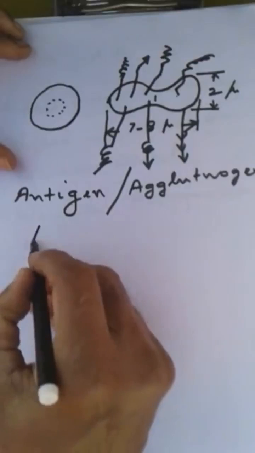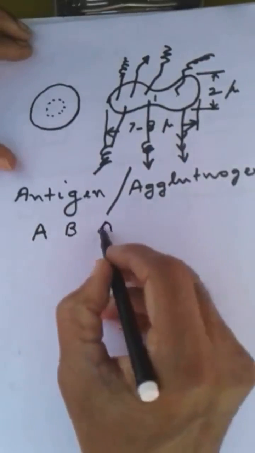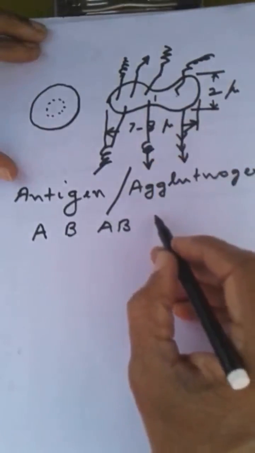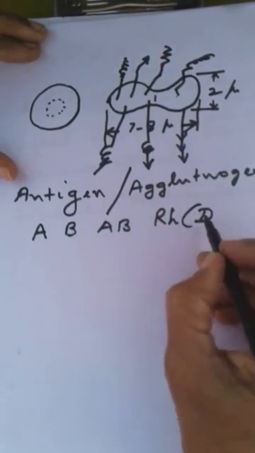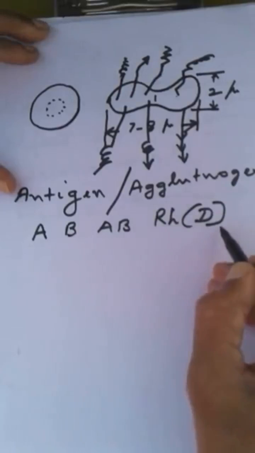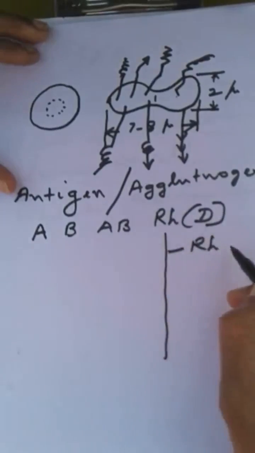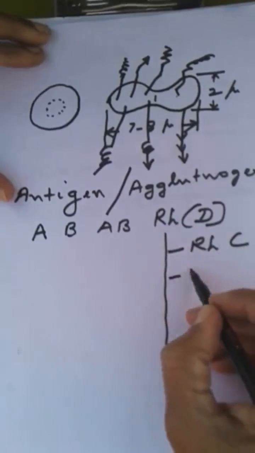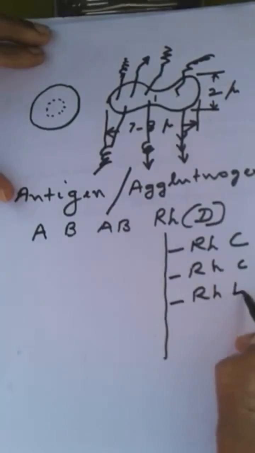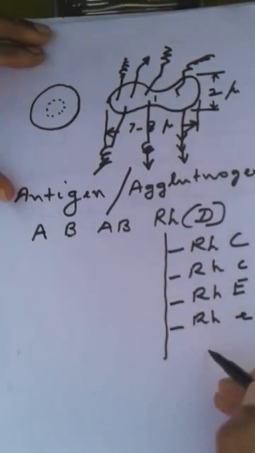Some antigens are known as A, some antigens B, some antigens AB, and some antigens are known as RH, or it is also known as D. In RH itself, apart from D, there are RH capital C, RH small c, RH capital E, RH small e, and it goes like that.